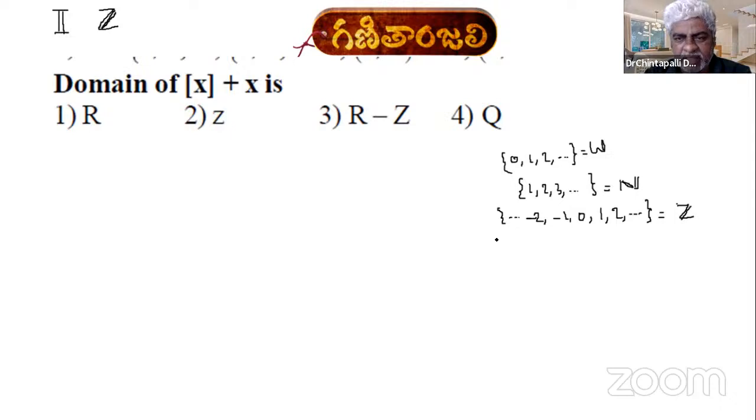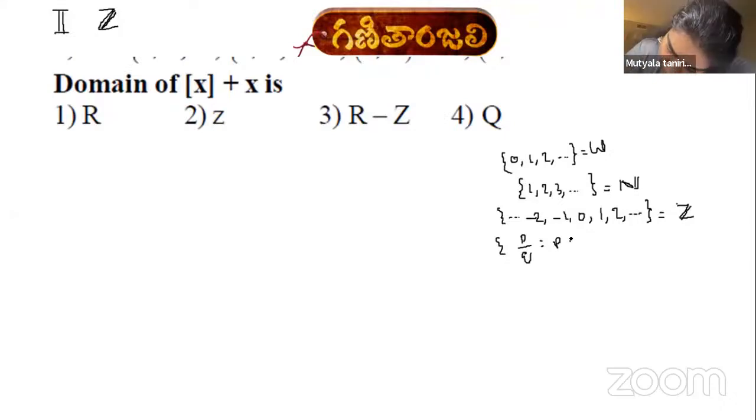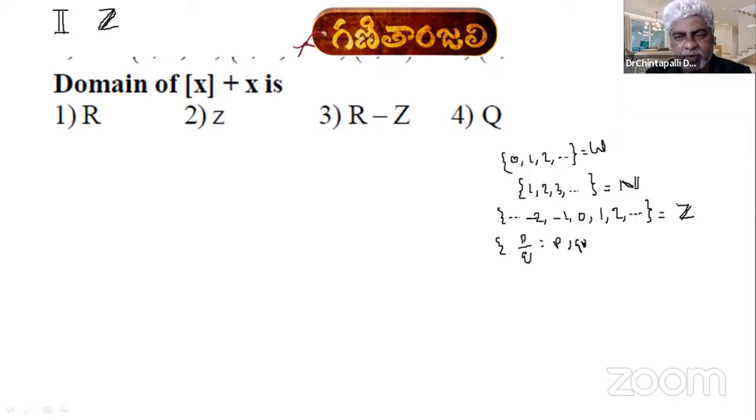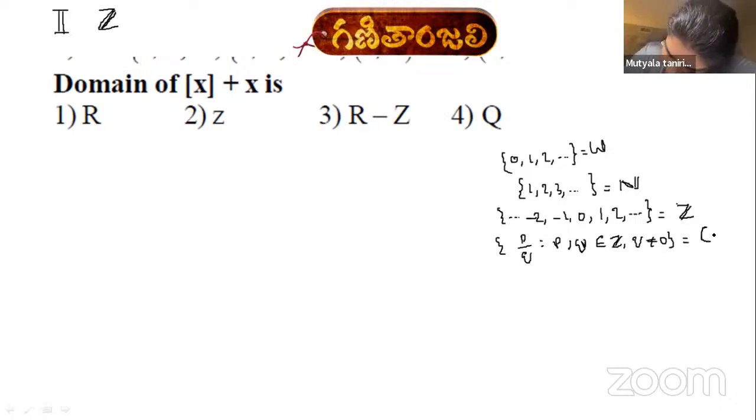Next, a number in the form p by q, such that p is an integer, q is an integer, provided q is not equal to 0. p, q belong to Z, q not equal to 0. These numbers are called rational numbers.